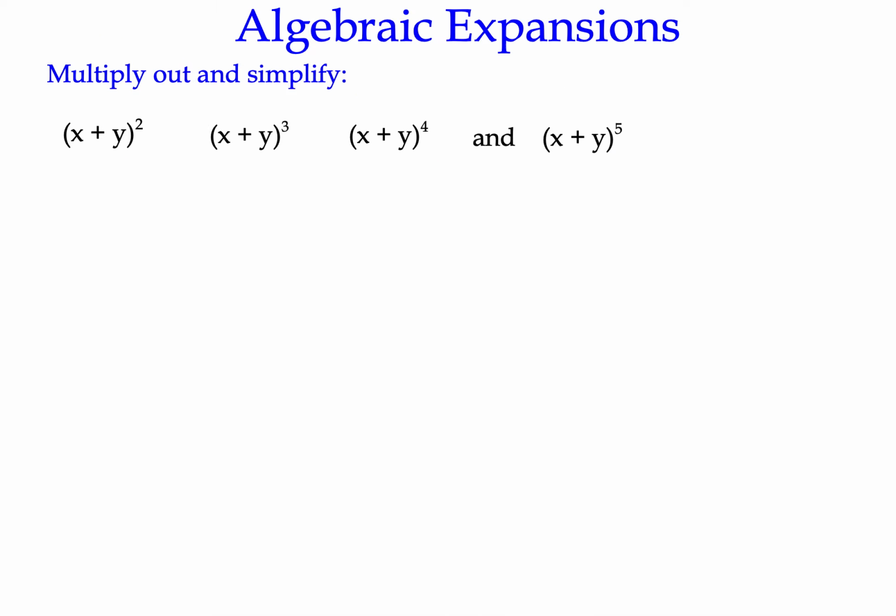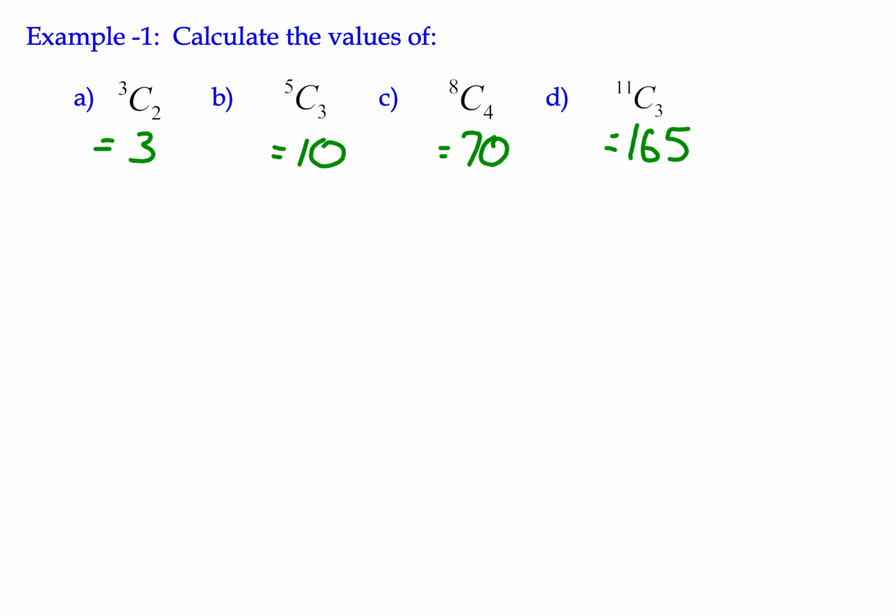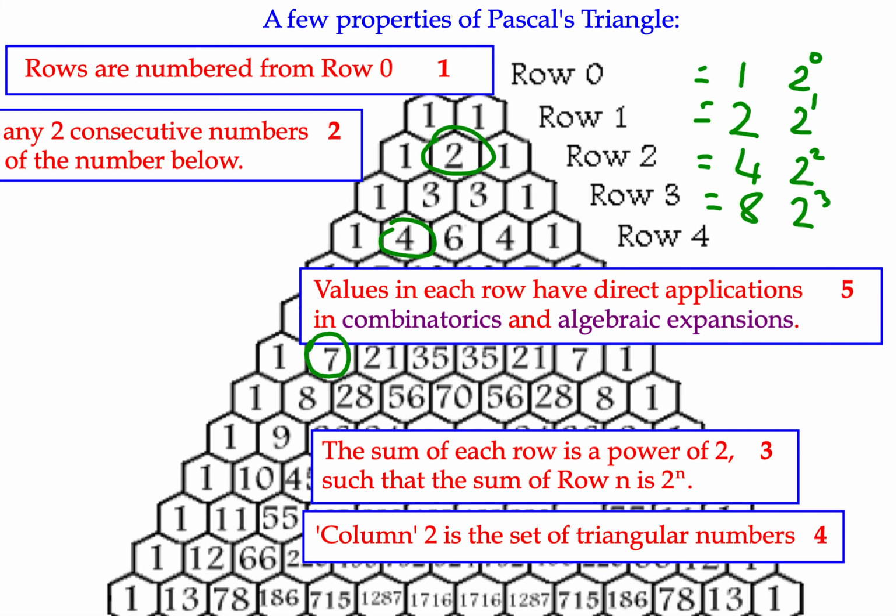Interestingly though, what's the connection between that and Pascal's triangle? Well, let's go back to Pascal's triangle. We said that 3 choose 2 was 3.